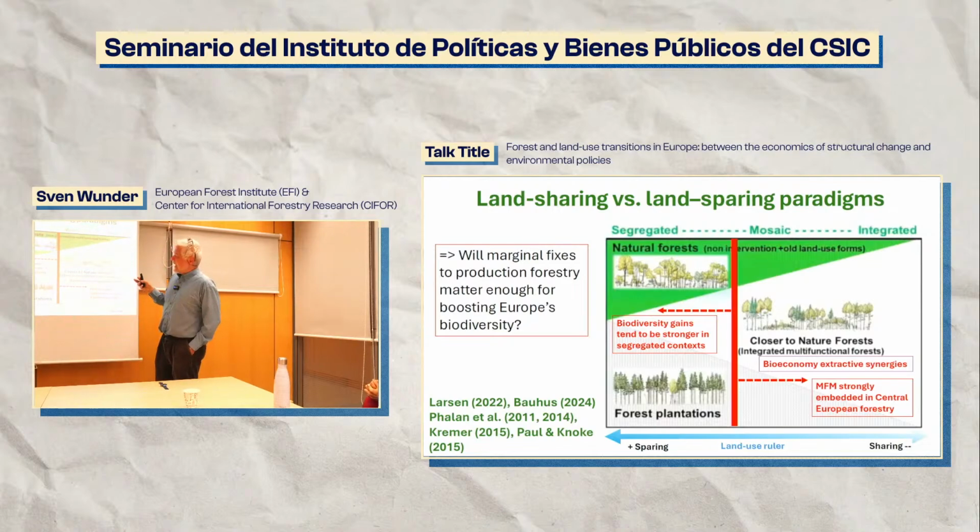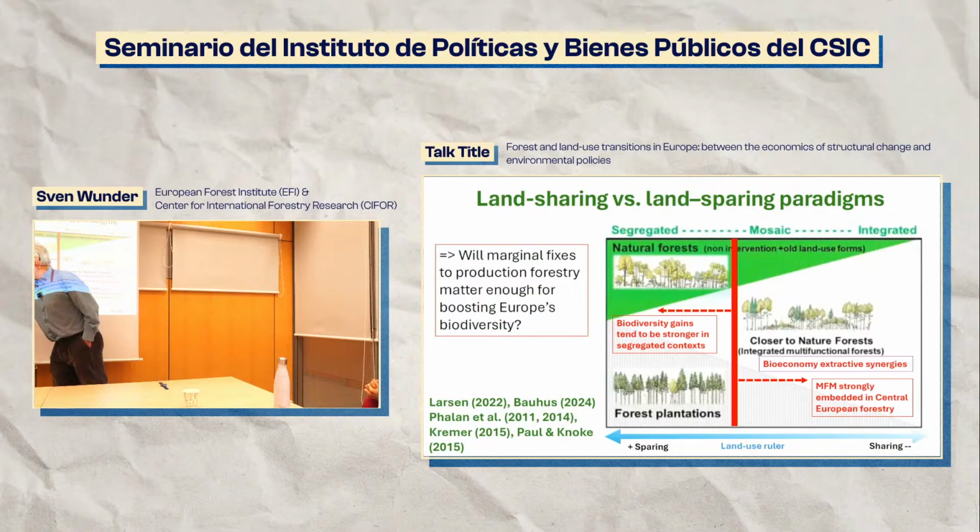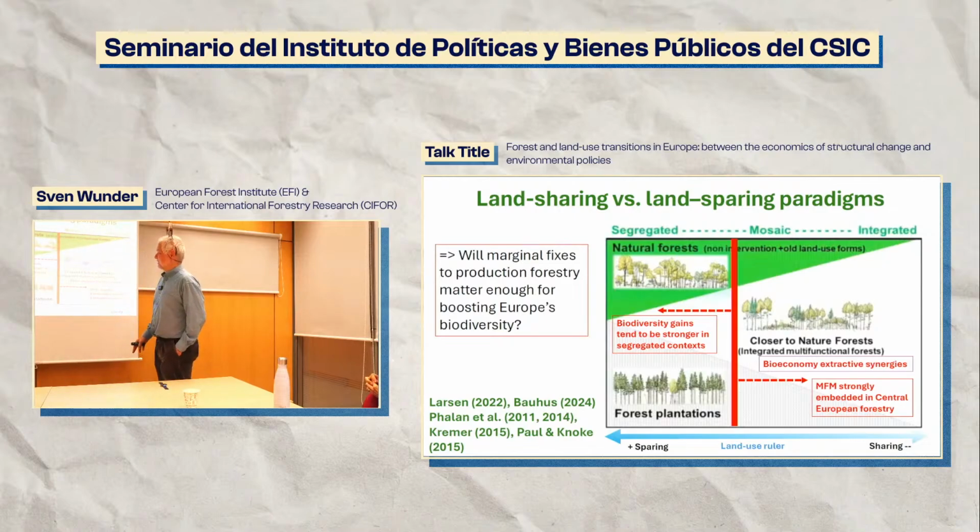But if we look at some of this literature about land sparing versus land sharing, actually in terms of the biodiversity outcomes, the land sparing options have generally superior performance.